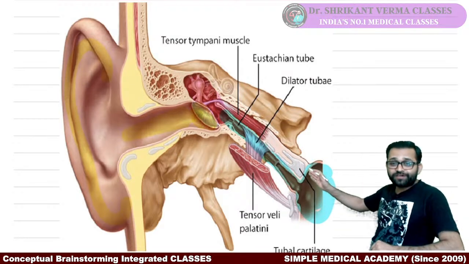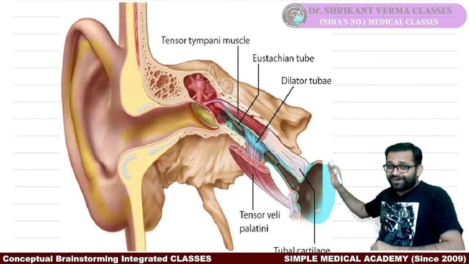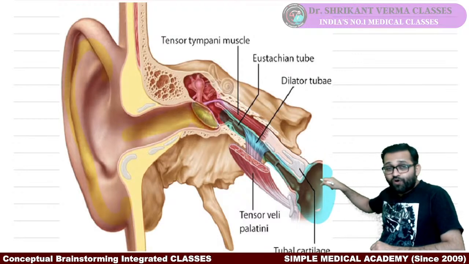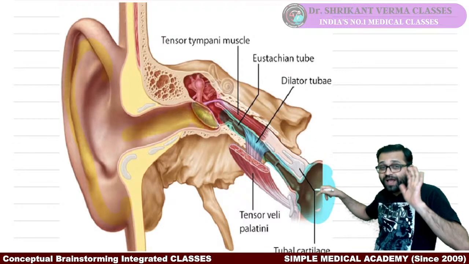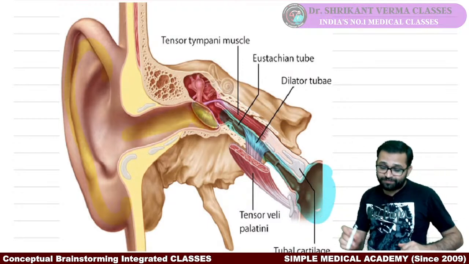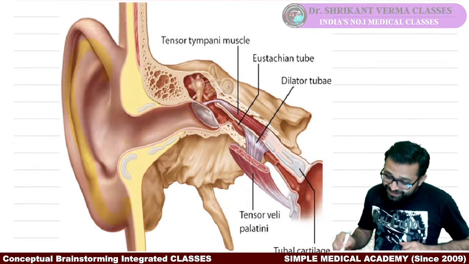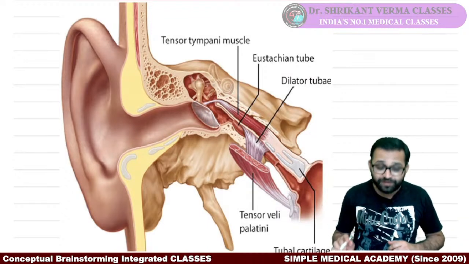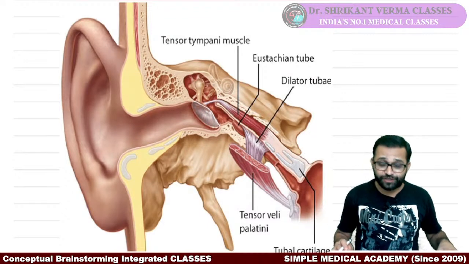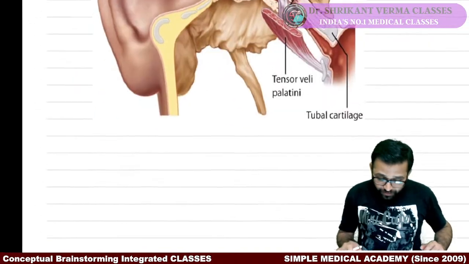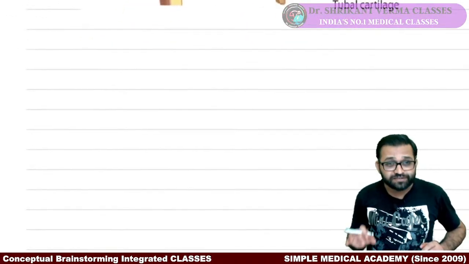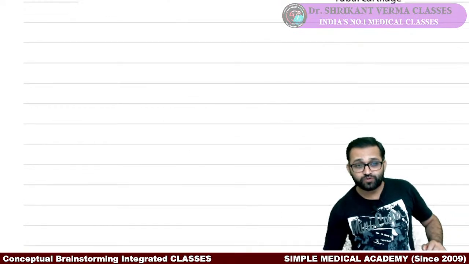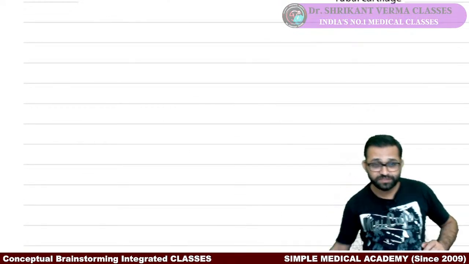In anatomy we had seen that our auditory tube opens in the lateral wall of the nasopharynx. This is one diagrammatic presentation. This session is especially dedicated to diseases of the auditory tube. Try to understand this disorder. We are going to look at all of these things step by step.